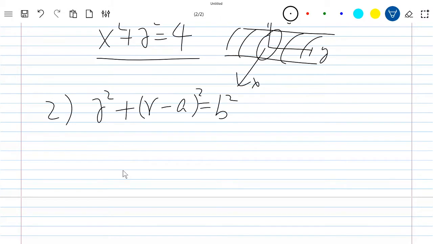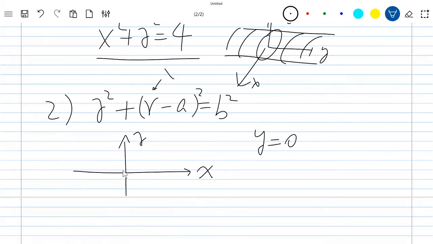Let's take a look. Let's say y equals 0. Then r is just x, and this is a circle centered at (a, 0) with radius b.